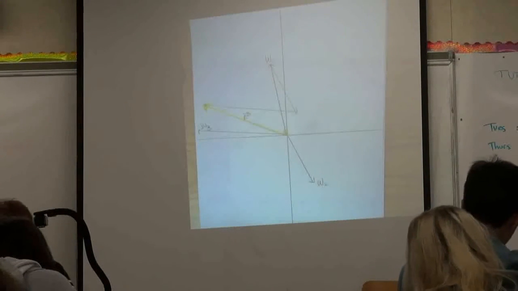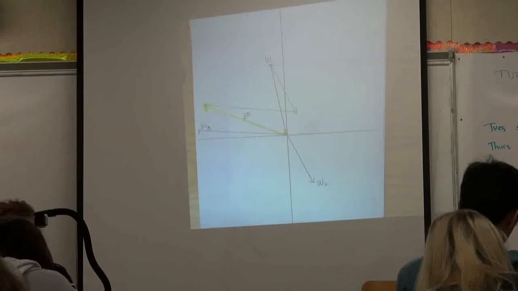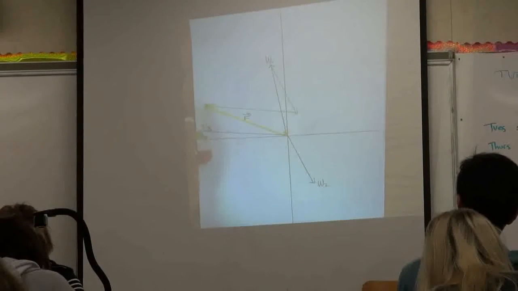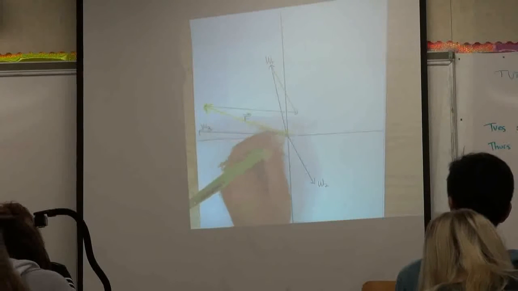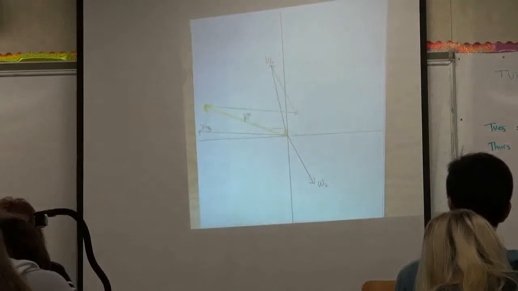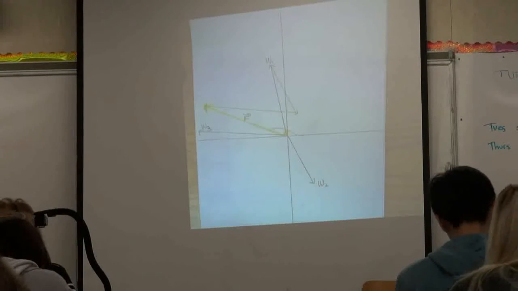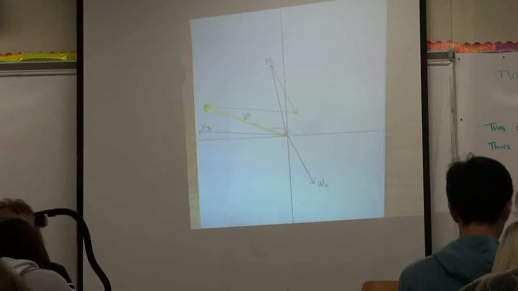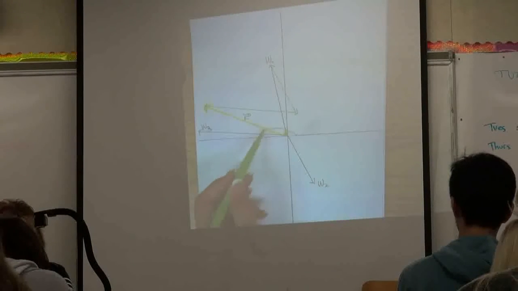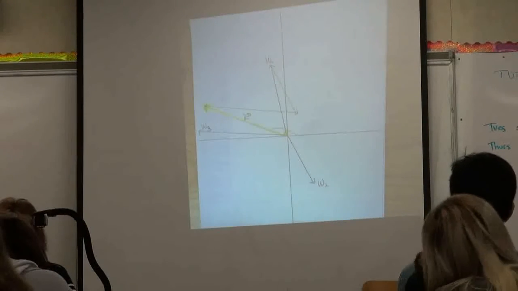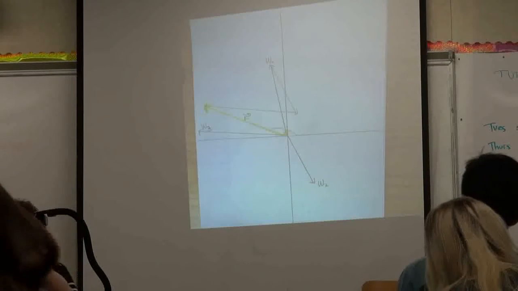To find the magnitude and the direction of the final force, we're basically saying that we need that angle as the direction. So we know when we get the answer that it should be between 90 and 180, closer to 180.